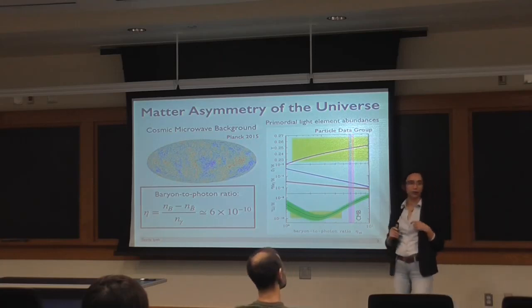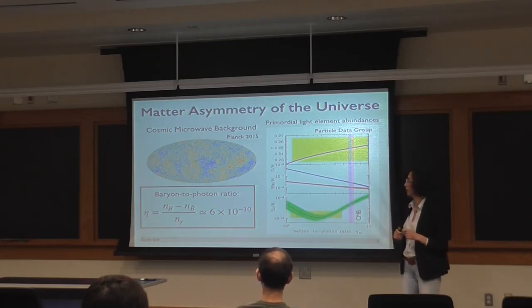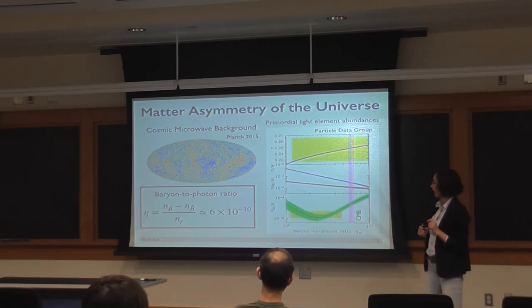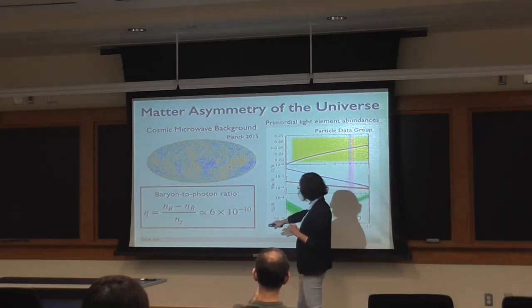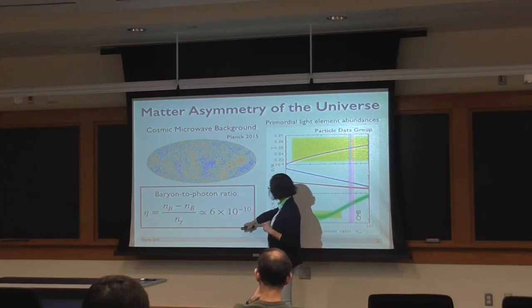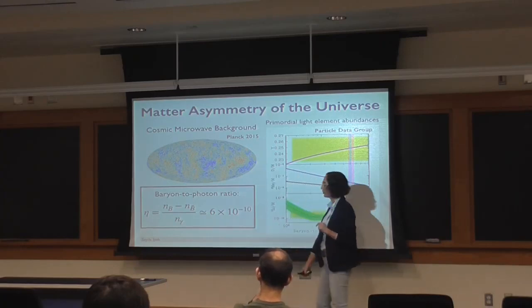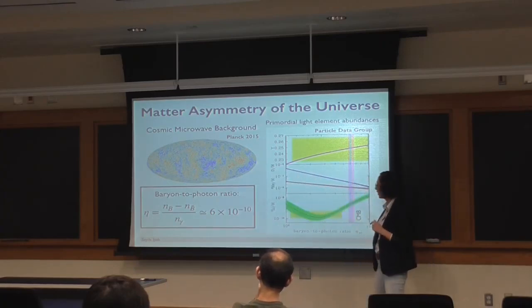There are a couple of ways to quantify this asymmetry, meaning the asymmetry between matter and antimatter in the universe, and two instances in the history of the universe to measure it. The quantity that tells us about this asymmetry is called the baryon to photon ratio, or the baryon to entropy ratio.